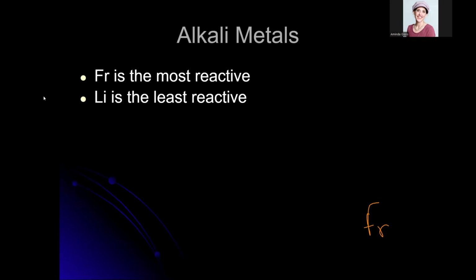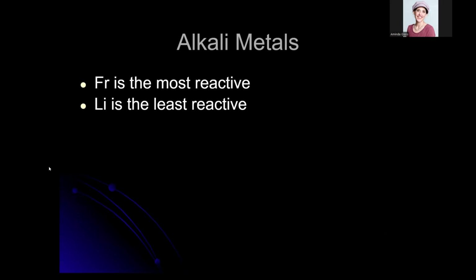So francium, therefore, would be the most reactive because it has the least attraction for that electron. Lithium is the least reactive because it has the most attraction for its valence electron.